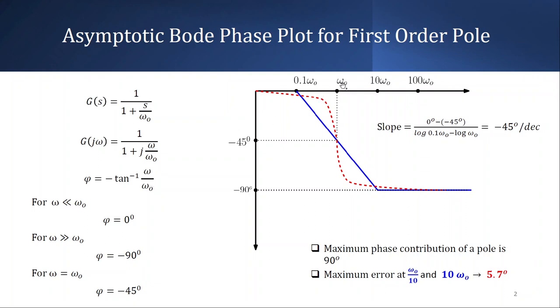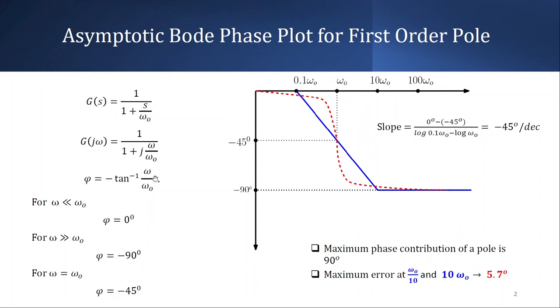So when the frequency is 10 times lesser than this omega 0, the effect of this pole in the phase plot starts appearing. You see, it starts appearing from 0.1 times omega 0, and then where would the effect of the pole start vanishing? It is about 10 times omega 0.